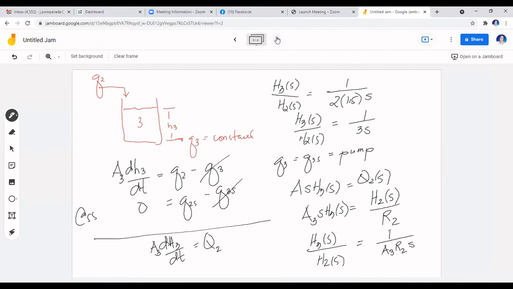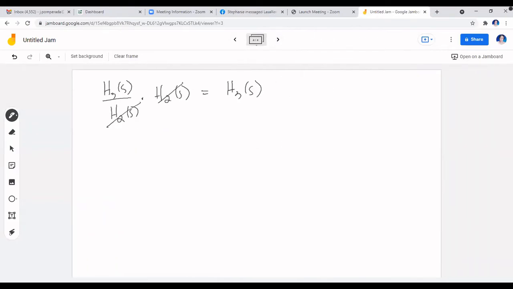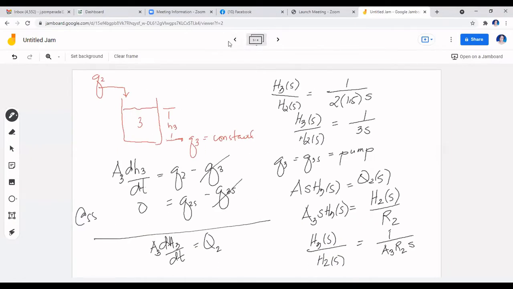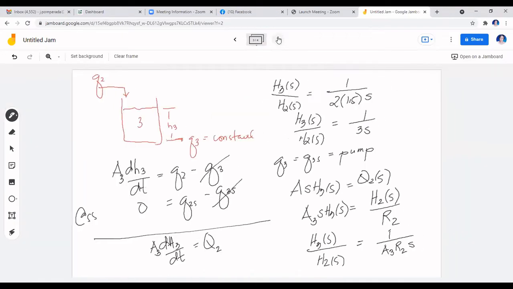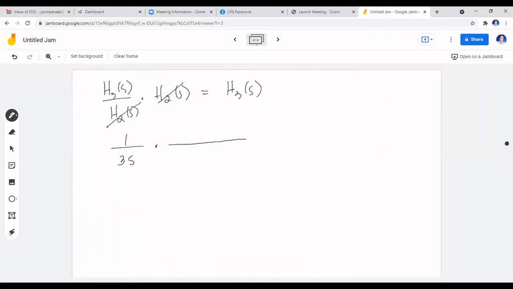So we have 1 over 3S. So 1 over 3S, and it has to be multiplied to the expression that we had a while ago. So that expression of H2 of S is this, 2.5, and I have here a 1 and a 0.33 for the constant. So I do that in here. So I will have 2.5, S plus 1, and S plus 0.33. Okay, this is actually our H2 of S. This gives us the H3 of S.